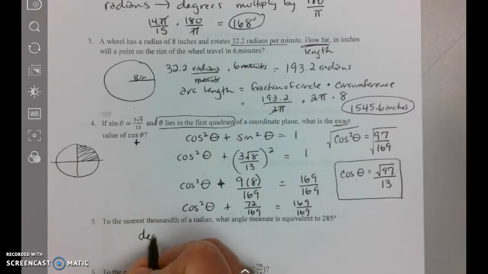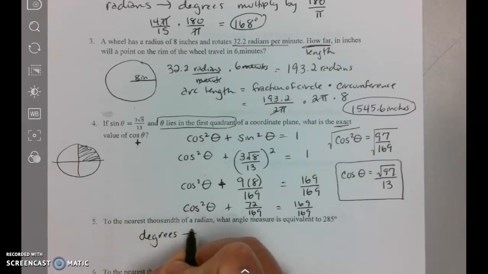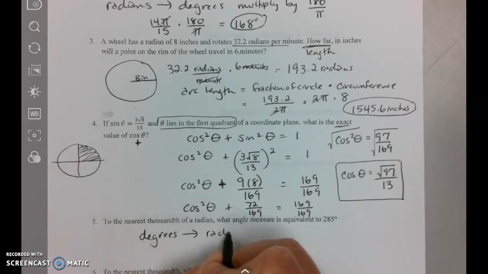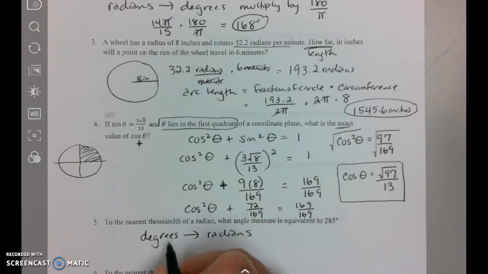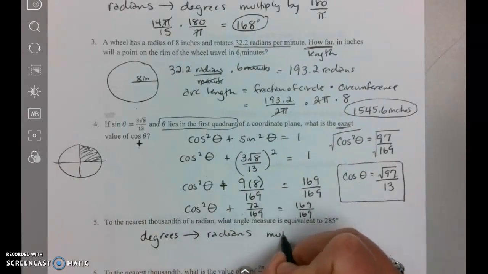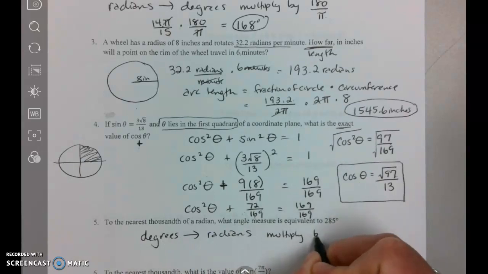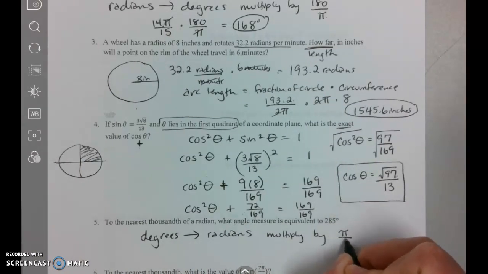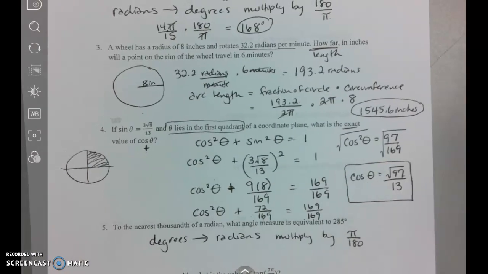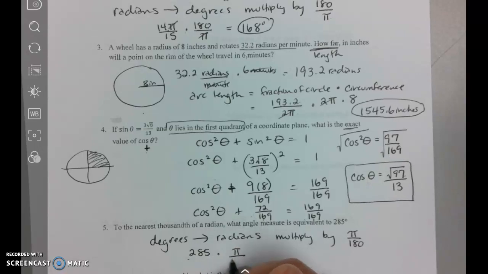Right? Number 5. To the nearest thousandth of a radian, what angle measure is equivalent to 285 degrees? So now I'm going from degrees to radians. So I'm going to multiply by pi over 180. So I've got 285 times pi over 180.